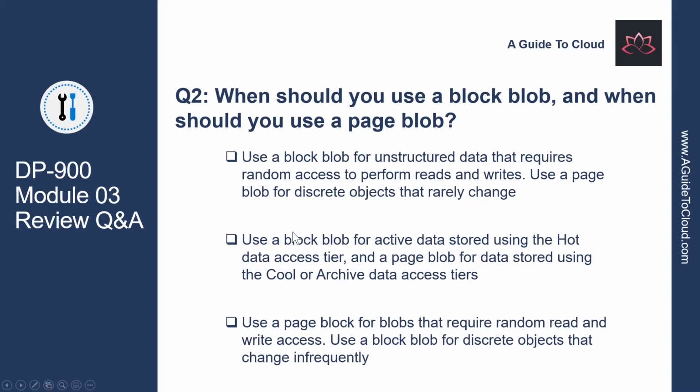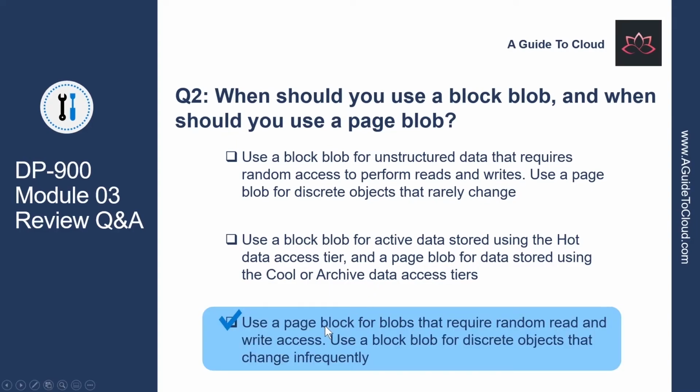Is it when you use a blob for active data stored using the hot access tier, and a page blob for data stored using the cool and archive data access tiers? No. So the correct answer is use a page blob for blobs that require random read and write access, and use a blob for discrete objects that change infrequently.